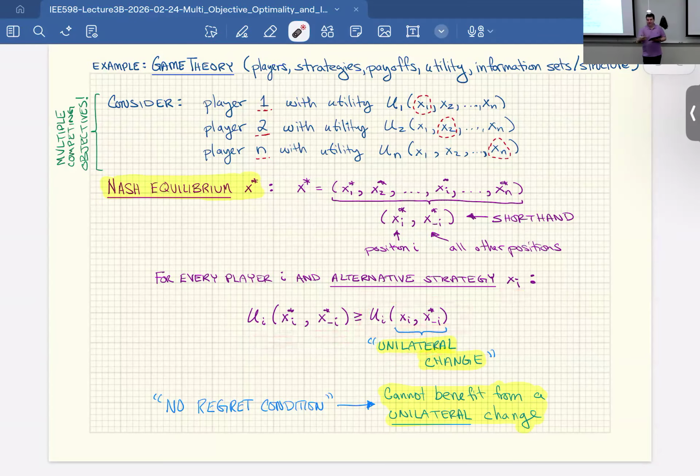If there is a position that a single player could move to, with everyone else staying the same, that gives them a better payoff, then where we were won't be a Nash.